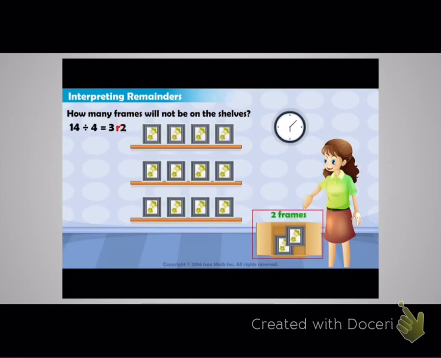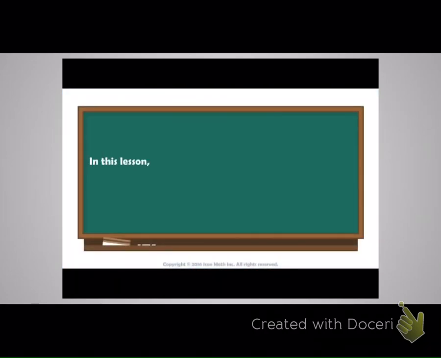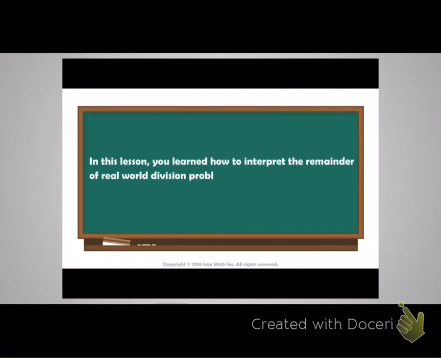So there are 2 picture frames left over. So the number of picture frames that will not be on the shelves is 2. For this example, we reported the remainder and ignored the quotient. In this lesson, you learned how to interpret the remainder of real-world division problems.